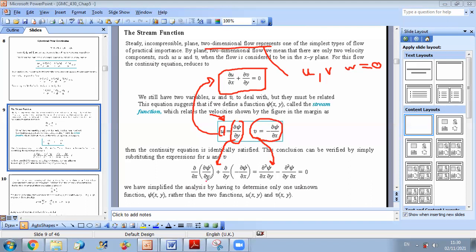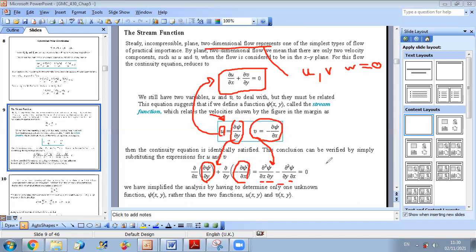If I replace in continuity u by del psi by del y, I will get del by del x of del psi by del y, plus del by del y of v, and v now can be replaced by minus del psi by del x. What do you conclude? You get that the second-order derivative of psi with respect to y and x, minus the second derivative of psi with respect to x and y equals 0.